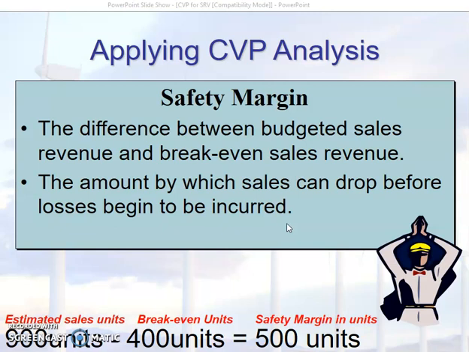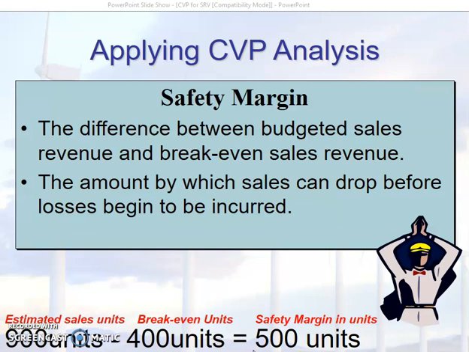But let's just say that we seriously misjudged the market for these surfboards. We might be curious to know how many units we can afford to drop before we start losing money. Now you may be saying, well, wait a minute, that's pretty simple. We already established that break even was 400, so at 399 we're going to lose money. Well, that's true. That's absolutely true.